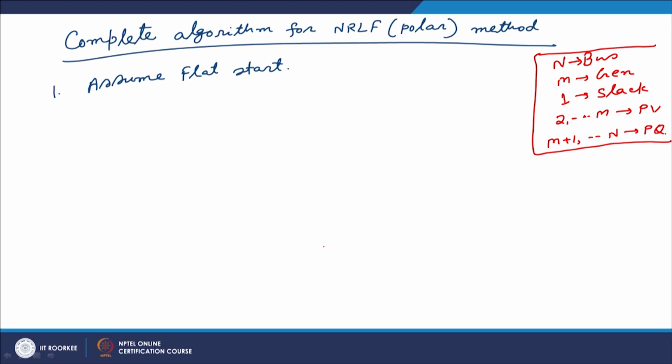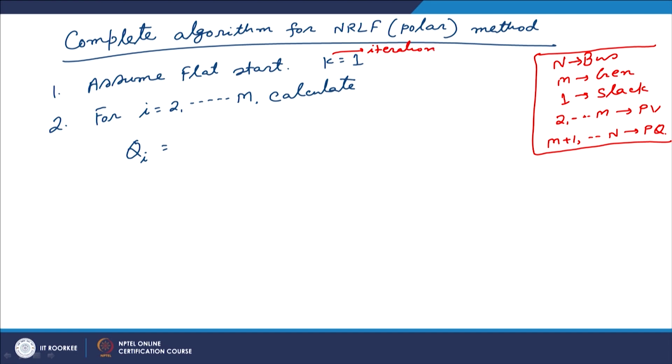So, the first one is to assume flat start. Then for i equal to 2 to m, calculate Q i, and let us also initialize k equal to 1, where k is the iteration count.